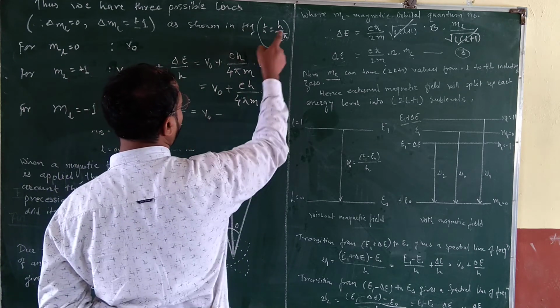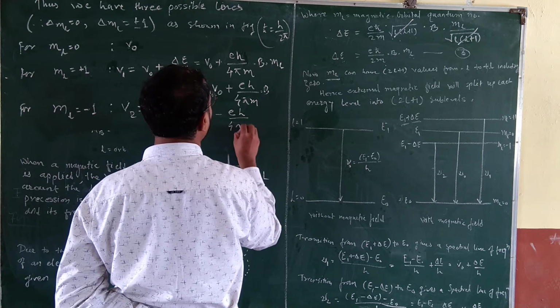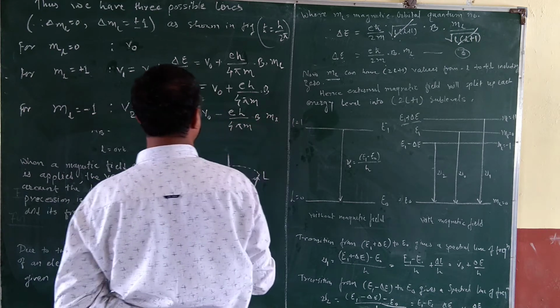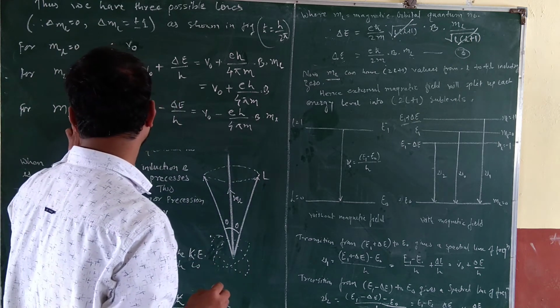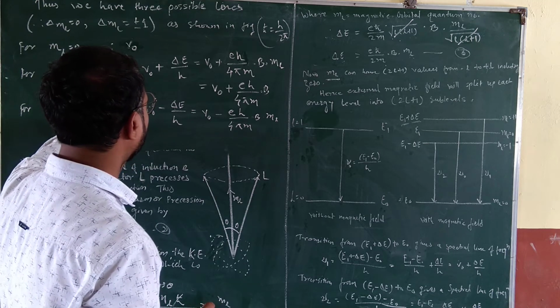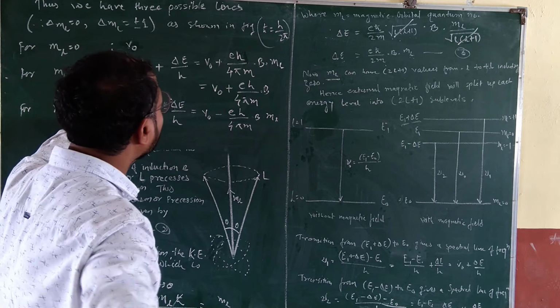So I put here h cross upon 2 pi, so I would get e h upon 4 pi m into B into ml. Here the value of ml is minus 1.